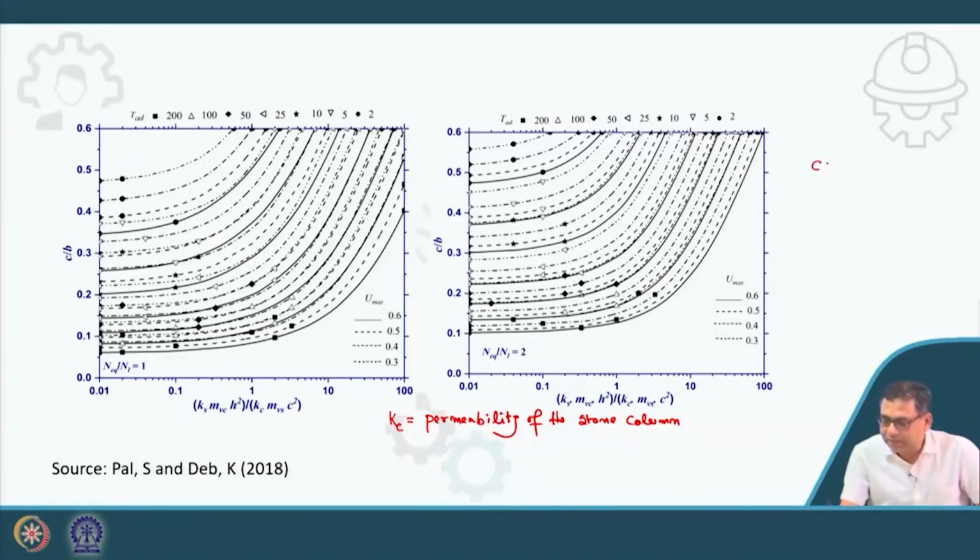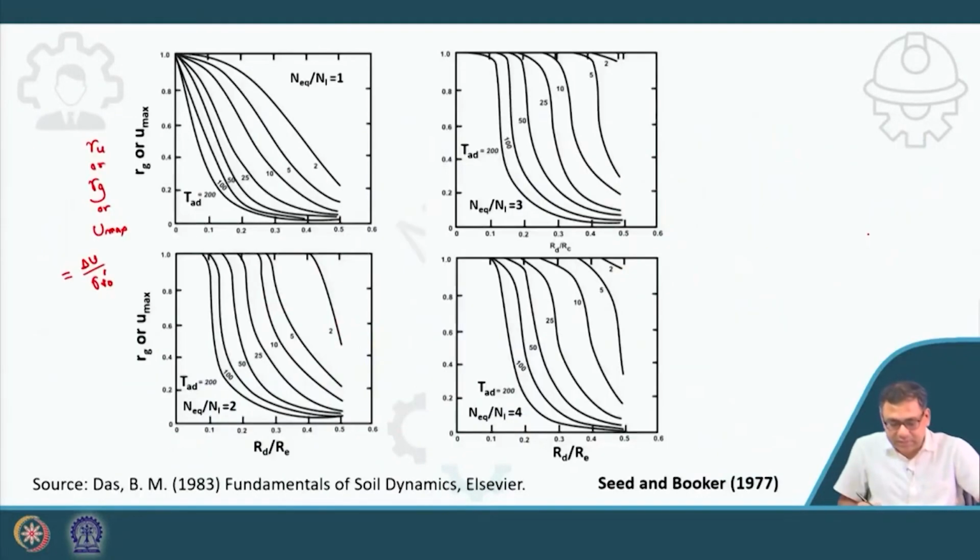Here C is nothing but the radius of the column, so C is RD, the radius of the drain or radius of the column. And B is nothing but RE, the radius of the influence zone. So C by B is the same as RD by RE in the previous design charts.